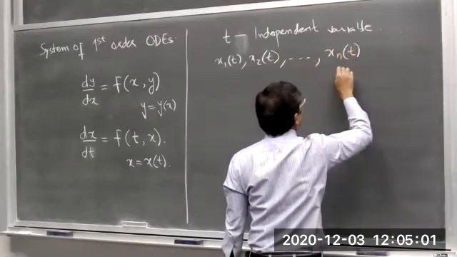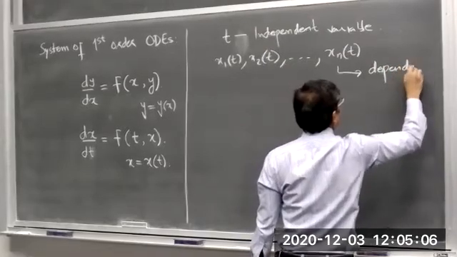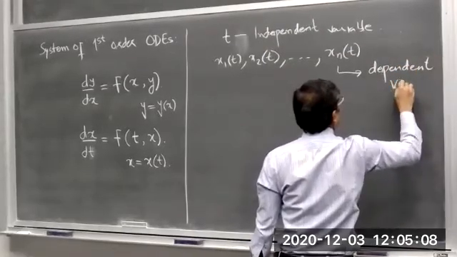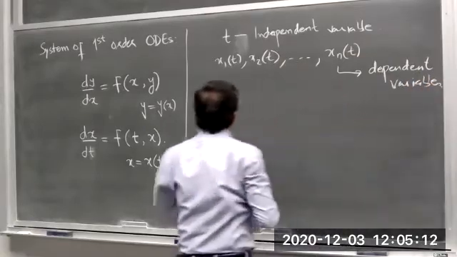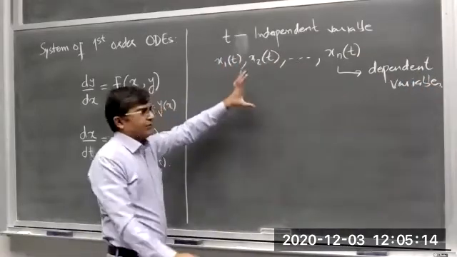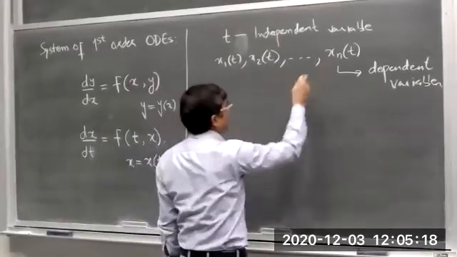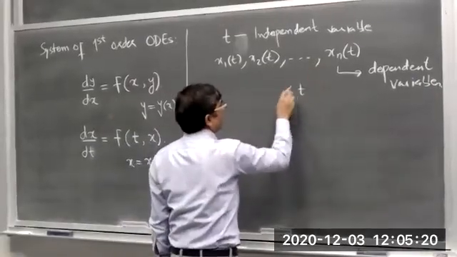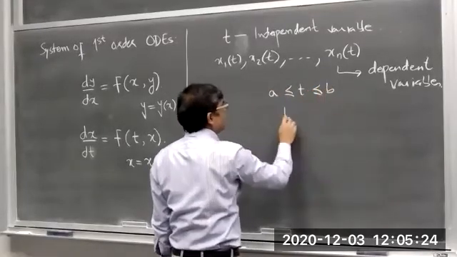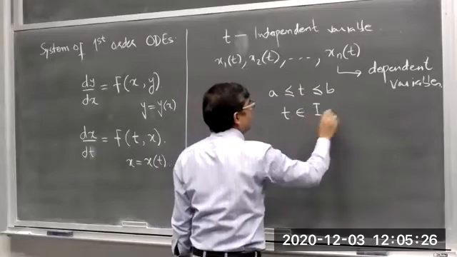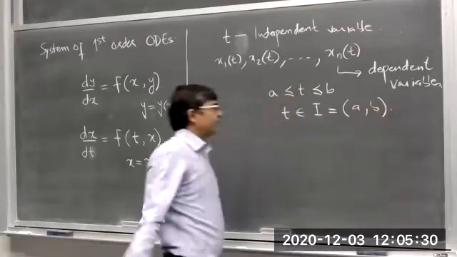These are all dependent variables, functions of t only, so we assume that t is defined on some interval a to b, or t belongs to some interval I.